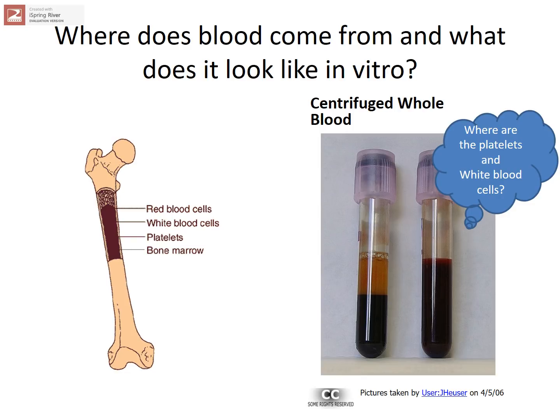If we collect blood in a test tube, as you see in the image on the right, whole blood will look pretty much like you expect blood to look like. And again, if blood is allowed to settle, you'll see the red blood cells at the bottom, the plasma at the top, but where are the platelets and the white blood cells?